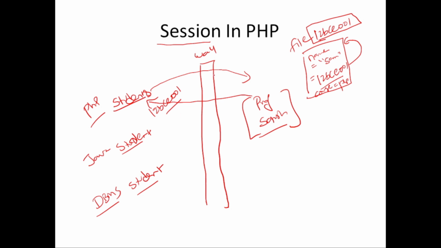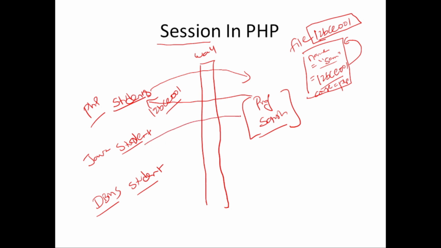The student tells his name, and Professor Satish opens a file, puts in his name, assigns a registration number, identifies the course, and names the file with this registration number. Now Satish tells the student, okay, this is your registration number. That will be unique for this specific student.